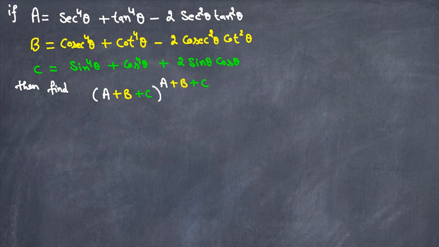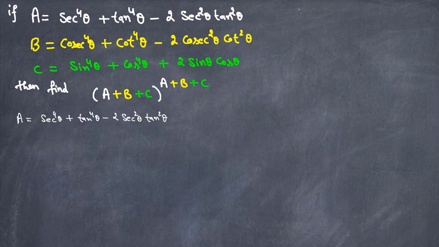So let me write that down. So a is equal to secant 4 theta plus tangent raised to power 4 theta minus 2 secant squared theta and tangent squared theta. I'm gonna write one identity over here.